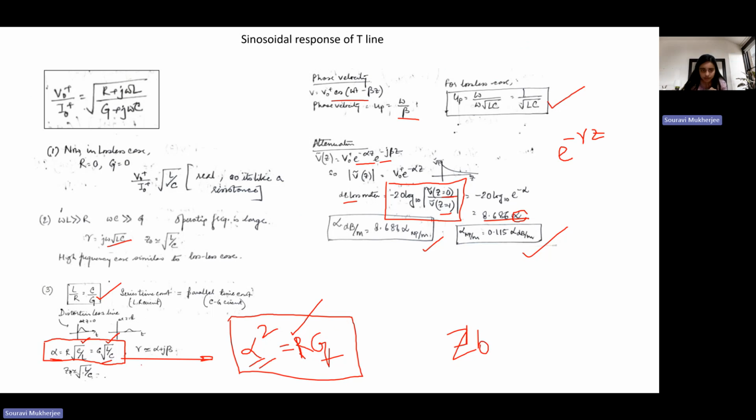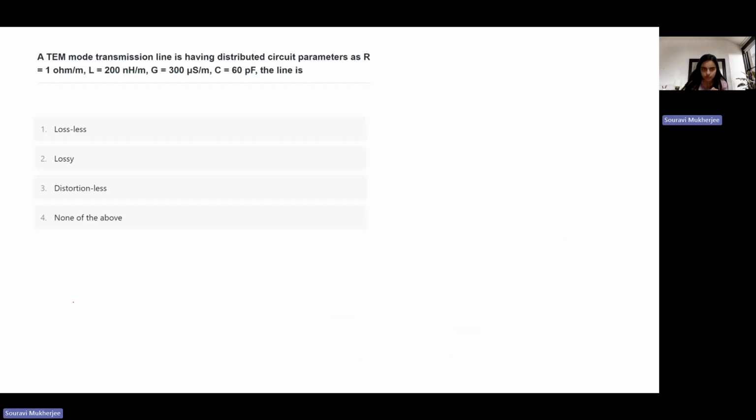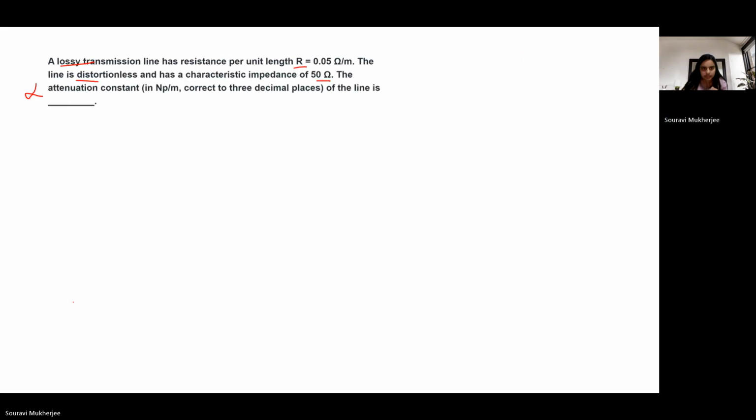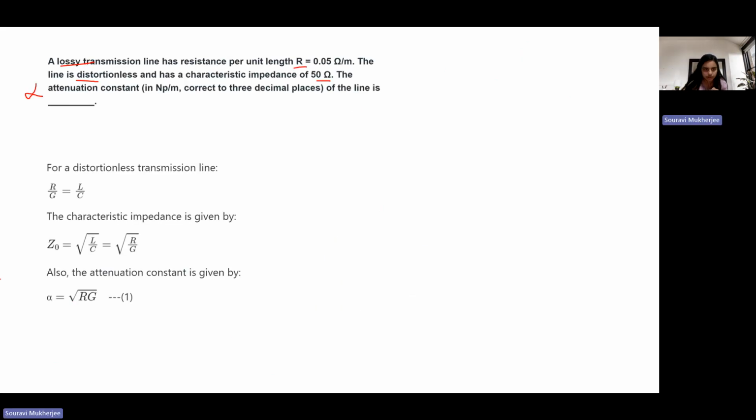Z naught is nothing but root over L by C, and you can also write it in terms of R and G, just using this relation. What I mean is something like this. For the distortionless line, R by G equals L by C. Characteristic impedance is nothing but root over L by C. So root over L by C is nothing but root over R by G.